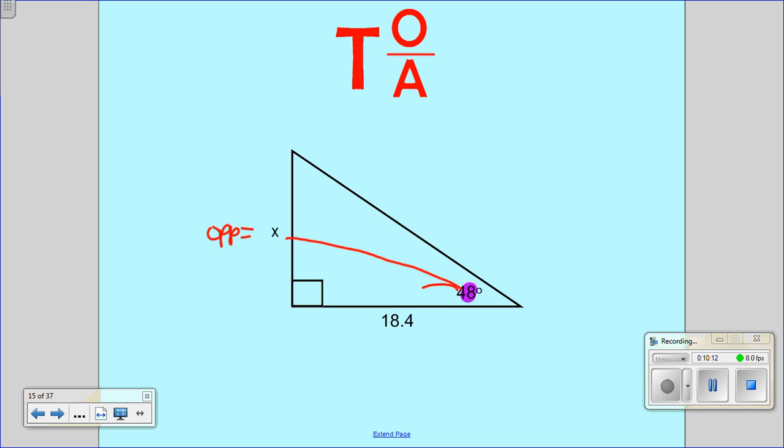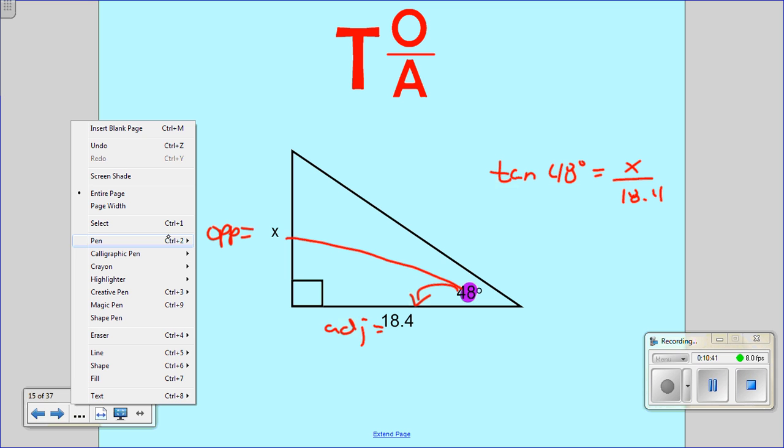And we're given the side right next to it. So that's your adjacent. So since I have opposite and I have adjacent, I would use tangent. So tangent of the reference angle, 48 degrees, is equal to opposite, which is x, over adjacent, which is 18.4.